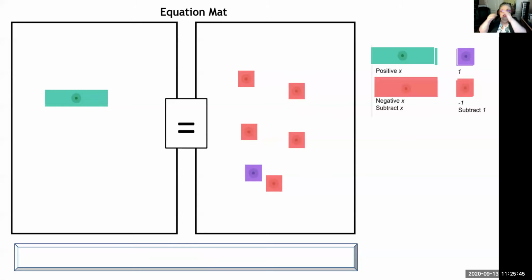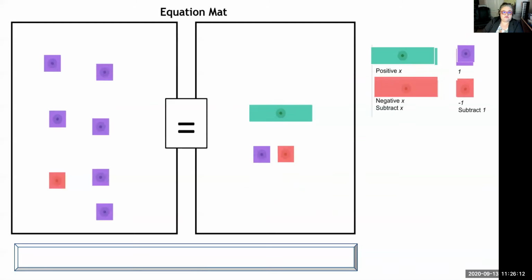Con que exista en una casilla, as long as it exists in one side of the equal sign in one of the boxes, then you can see here, if I put these together, that's gonna be 0. So I get rid of those. And yeah, x is -4. Okay, so let's try the next one.